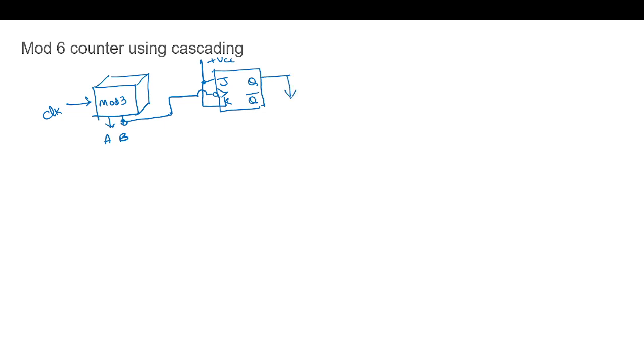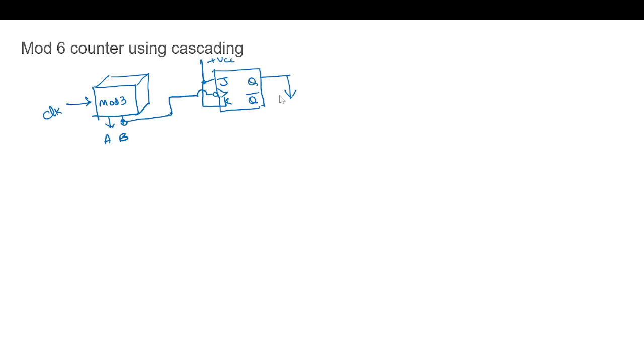This is one circuit. Now if we analyze this circuit, it will be having the valid states 0, 1, 2, 4, 5, 6 and again repeating from 0.